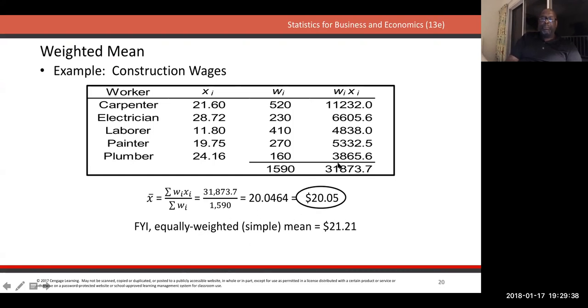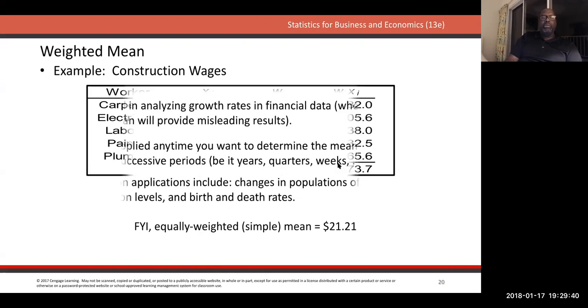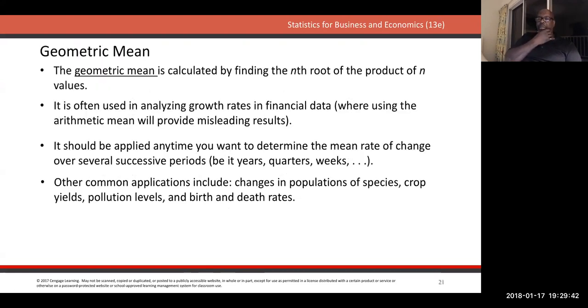We don't really cover the geometric mean, but essentially it's the nth root of the product of n numbers. It's kind of difficult to get a feel for that. It's used in things like population growth. A lot of economic data try to look at the geometric mean as opposed to the arithmetic mean.